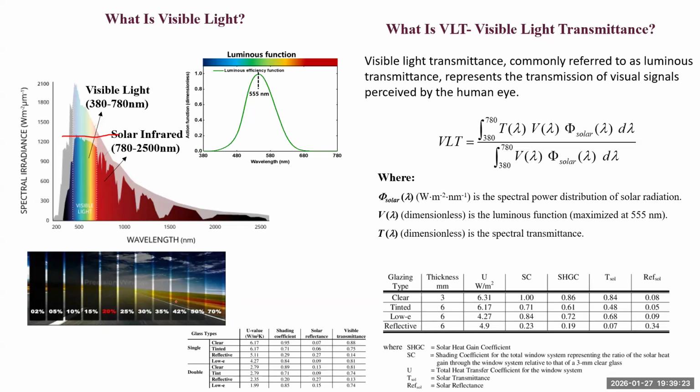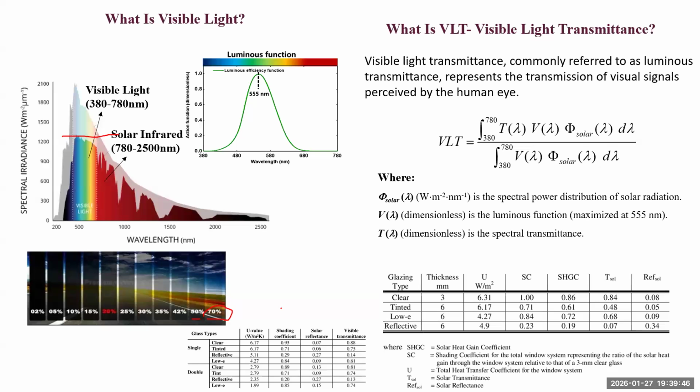Sure, you cannot just reduce the visible transmittance. This one is 50%, this is 90%. For our buildings, usually it is larger than 90% that is acceptable.